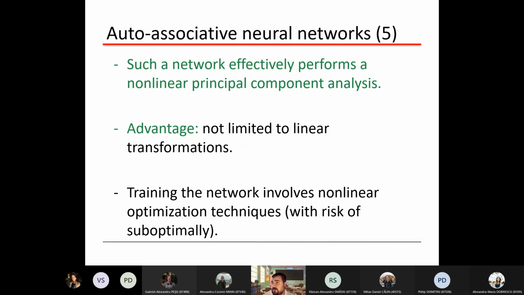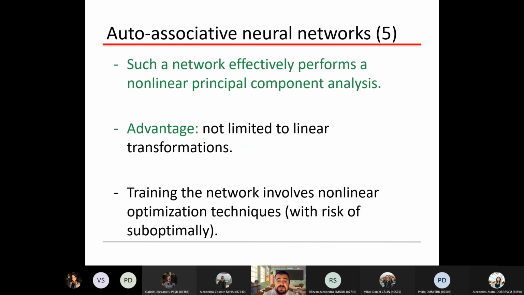So in this situation it's okay to have non-linear activation functions, because with this setting we have a non-linear PCA that is done by the network.